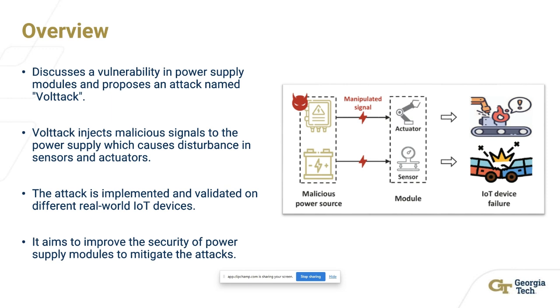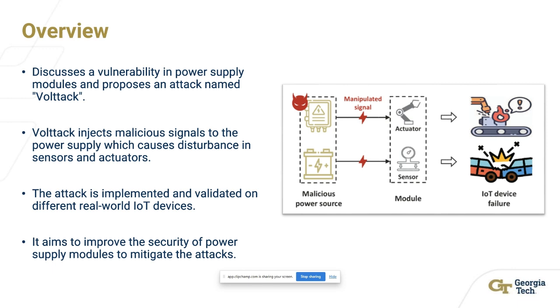Unlike conventional cyber attacks that rely on malware or software vulnerabilities, Volttack exploits the physical layer, specifically the way electronic devices handle power fluctuations. This makes it a low-cost, highly effective, and difficult to detect attack method.